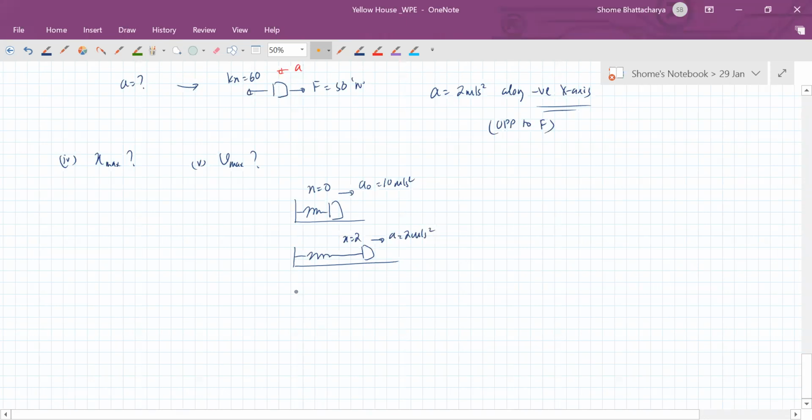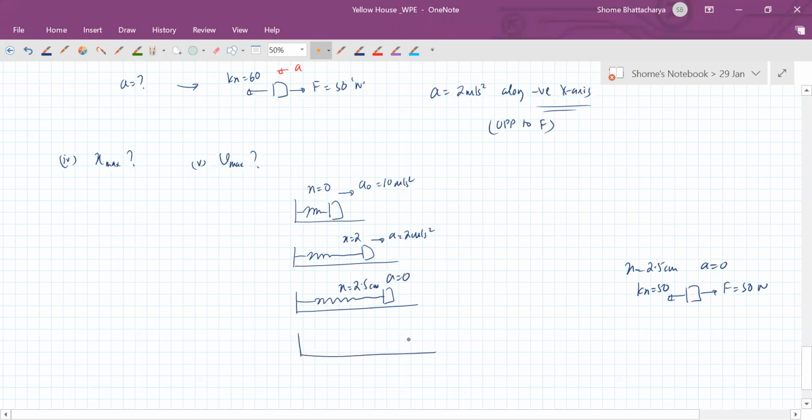Okay. Now we'll also see that at the instant when x is equal to 2.5 centimeters, acceleration will become 0, because kx will also be 50 newtons and f is also 50 newtons. So acceleration is 0. Okay.